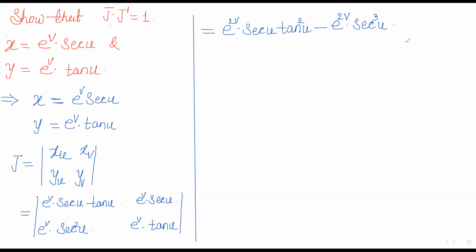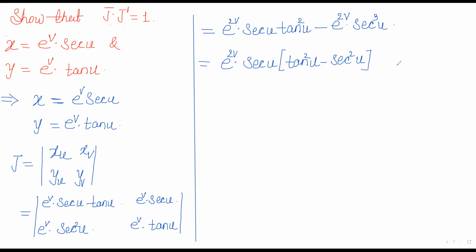Check out that. It is correct. Now from this we can take e raised to 2v into sec u common and in bracket tan square u minus sec square u.